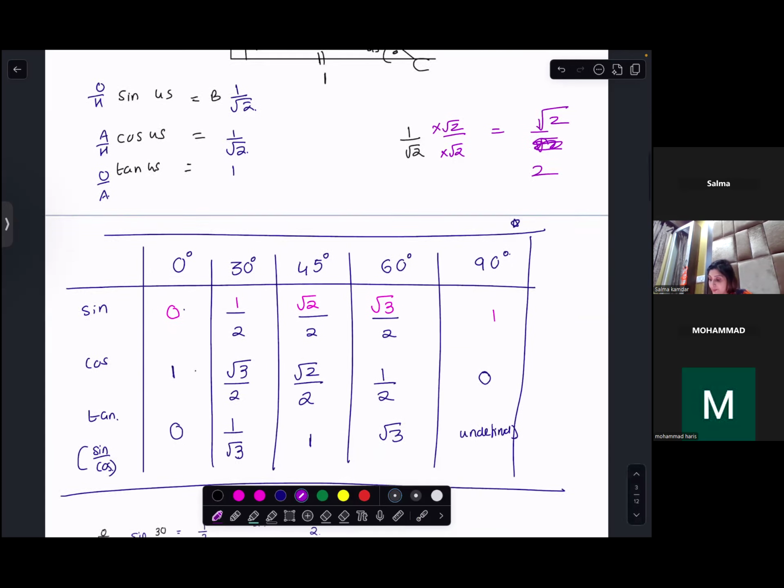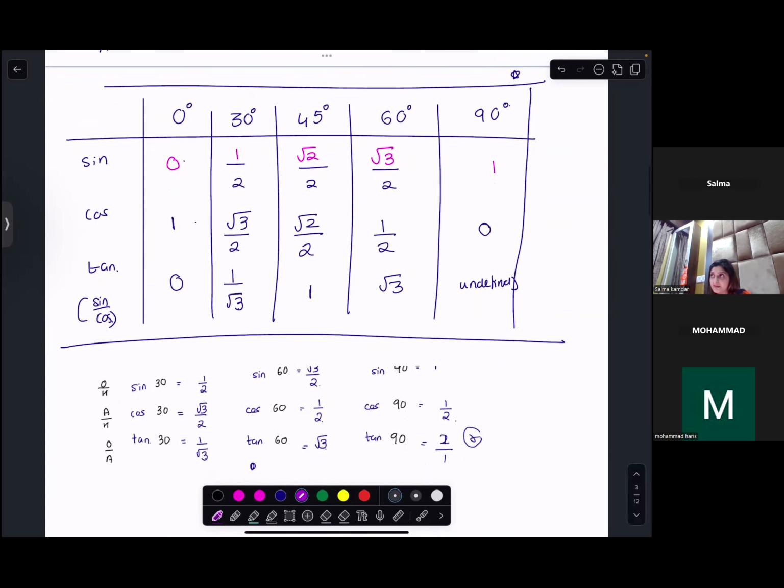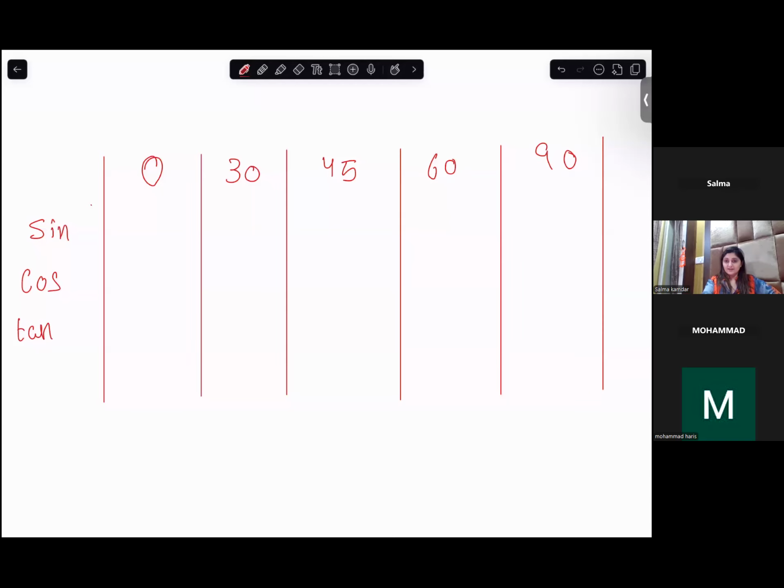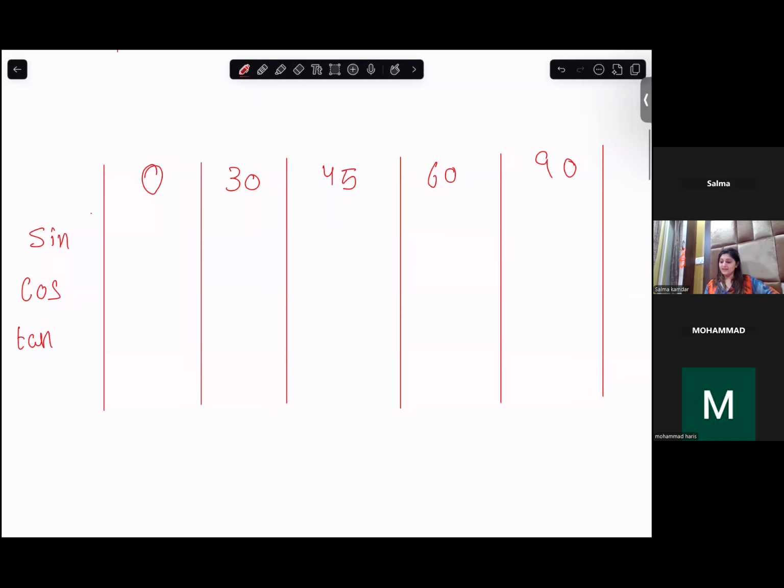Now I want you to draw the table for 30, 60, 90 and 45, 45, 90 yourself and tell me if you're clear with it. Give me that table by heart. I will observe. Now fill the way that I am telling you. You have sine, cos, and tan, and 0, 30, 45, 60, and 90.